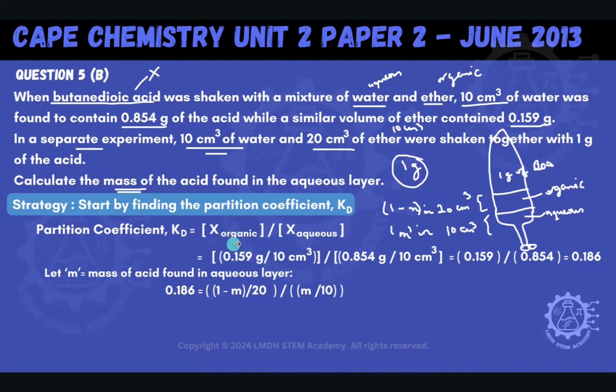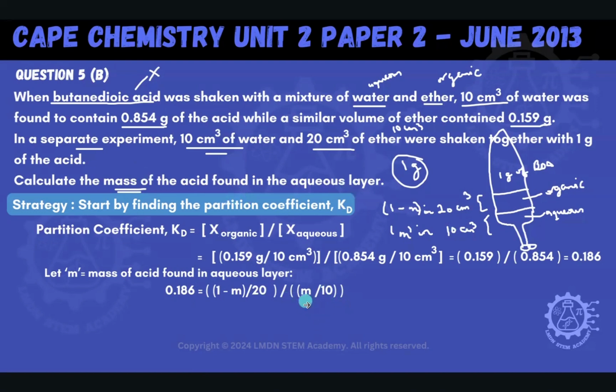And now in my organic phase, my concentration will be the mass divided by the volume of the organic phase. So that's what we have up here, for my organic phase, (1 minus M) over 20. And in my aqueous phase, I'm going to have M, the mass in there, and the volume is 10. So my mass concentration is now M divided by 10. Now, remember, we're trying to find the mass of acid in the aqueous layer.